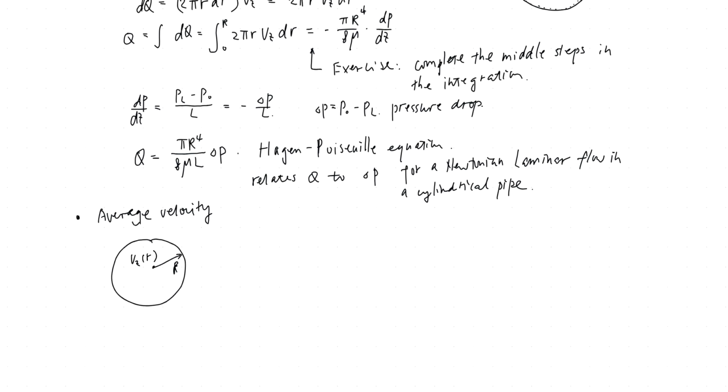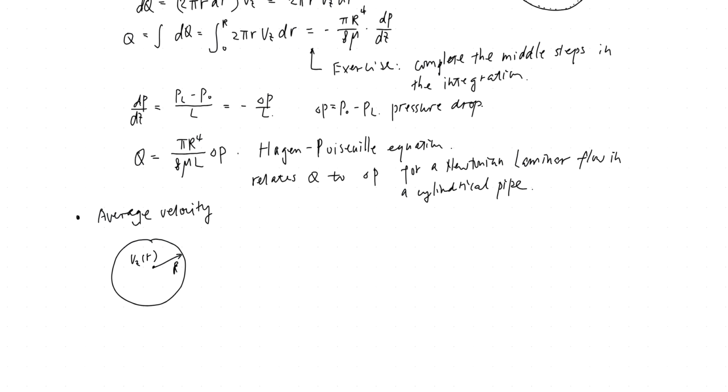Now, if you ask what's the average velocity, because in biomedical engineering or in industry or any practical applications, people would like to ask what's the average velocity. They may not necessarily ask how the parabolic profile looks. They want to know on average how fast fluid flows across the pipe. That's all they want to know.